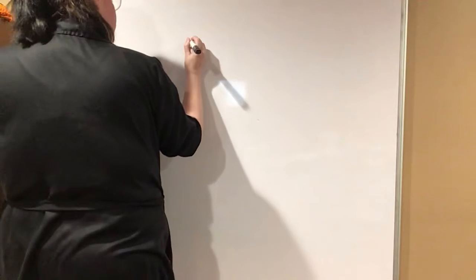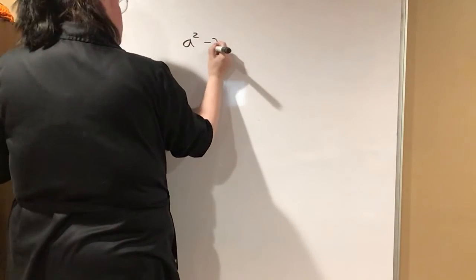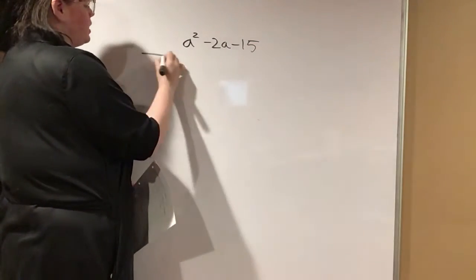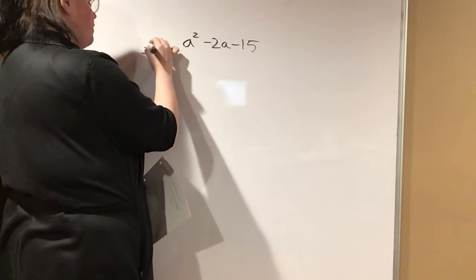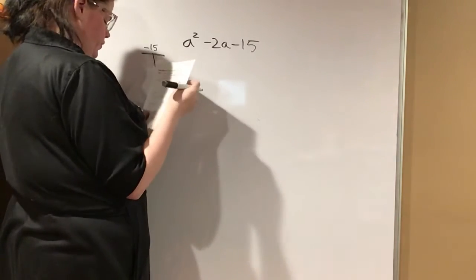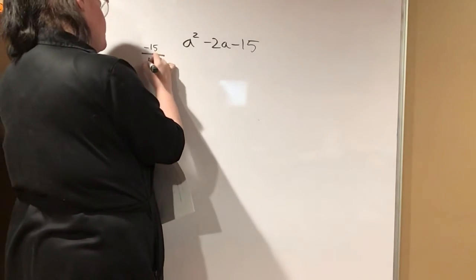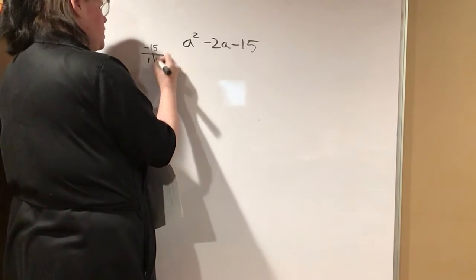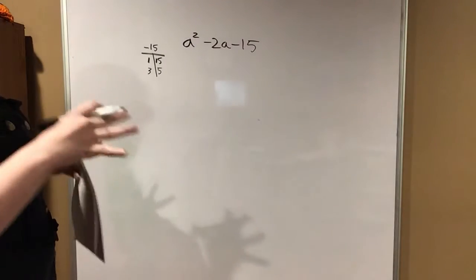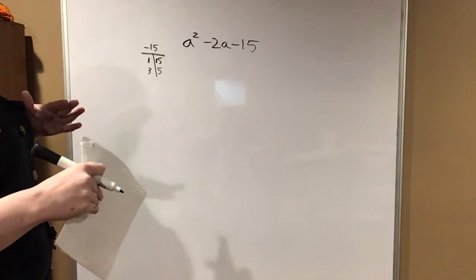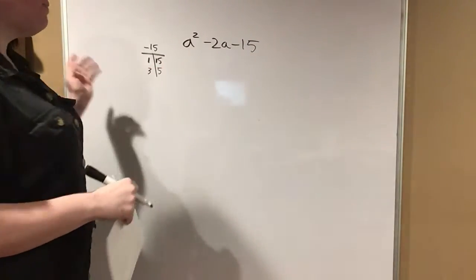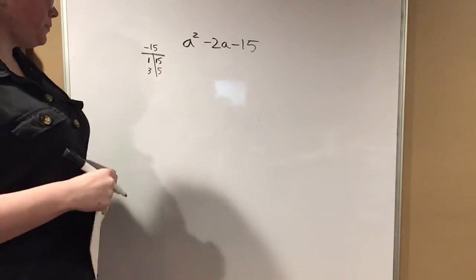So I have a squared minus 2a minus 15. We need factors of a negative 15 that add up to a negative 2. I know that one of my factors is 1 and 15, always, and then 3 and 5. But one of these is going to have to be negative, because it has to end up negative back here, and this also has to be a negative 2.